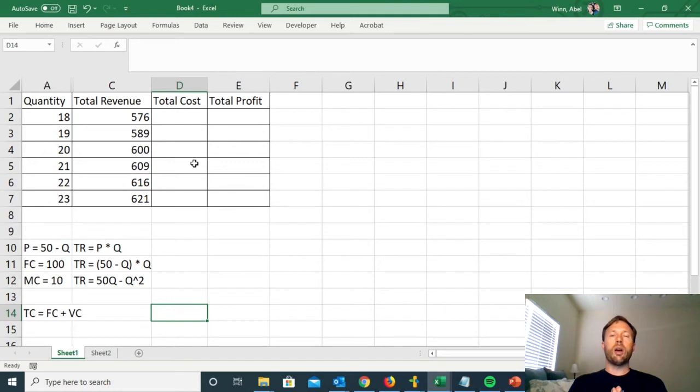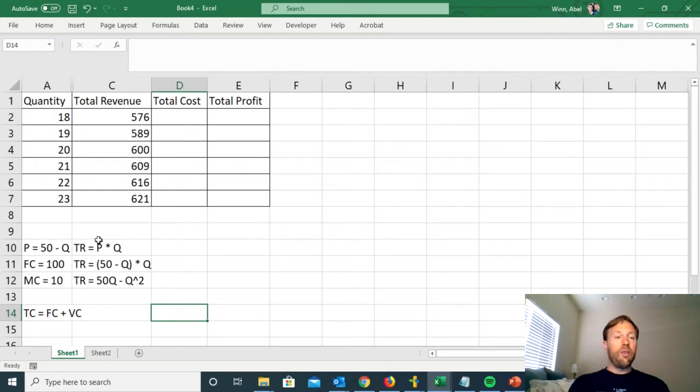Suppose that your marginal cost on unit 2 was $8. Well, then your variable cost for producing those 2 units would be the $10 marginal cost on unit 1 plus the $8 marginal cost on unit 2, or $18. If the third unit had a marginal cost of $6, then the variable cost of producing 3 units would be 10 plus 8 plus 6 is 24, and so on.